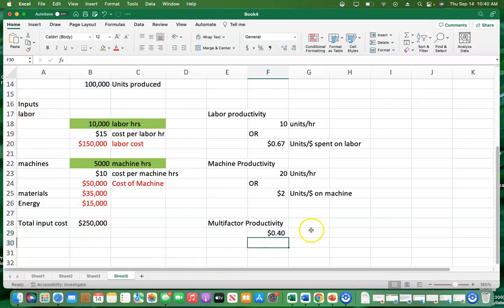And so that's what we have as our multi-factor productivity. And in this case, we know that we have units produced in terms of dollars spent on inputs. So that's how we could find labor productivity, machine productivity, and multi-factor productivity once we have created our model. Thank you.